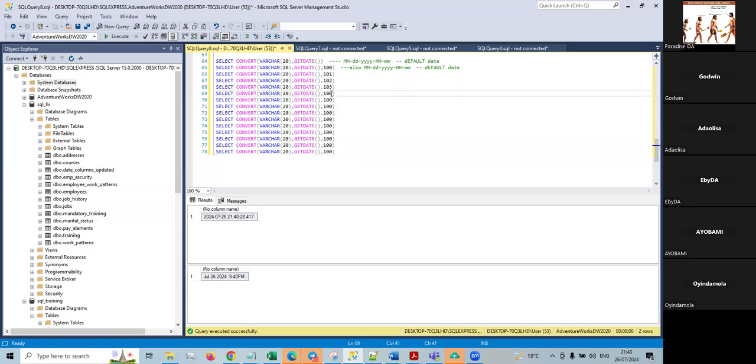These are standard formats. Different ways of writing dates. If you know one, you know all the other ones, by just changing the number here.